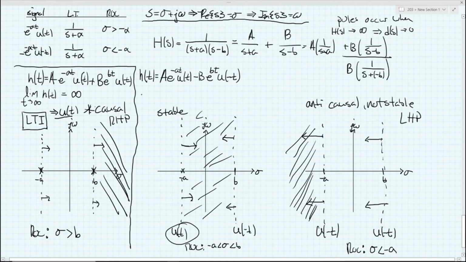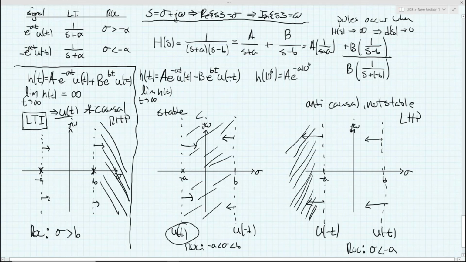And if we take the limit as t goes to infinity of h of t, well, let's say we plugged in what would be h of 10 to the 6. Well, that's going to equal negative a times 10 to the 6 in the exponent, which would essentially be 0.